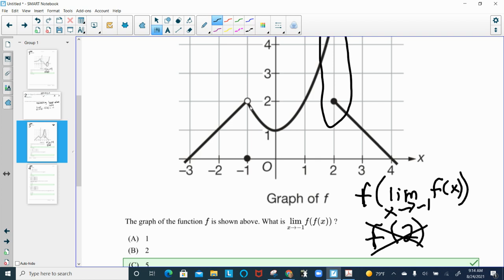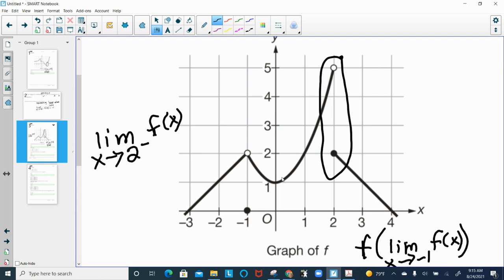So again, this is going to be a lower approach. So it's going to be a left-hand limit. And let's take a look at the graph. Let me scroll back up here. Okay, so as we approach 2 from the left, we get 5.